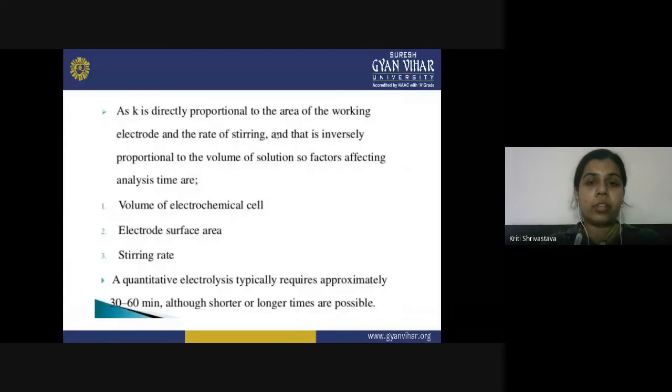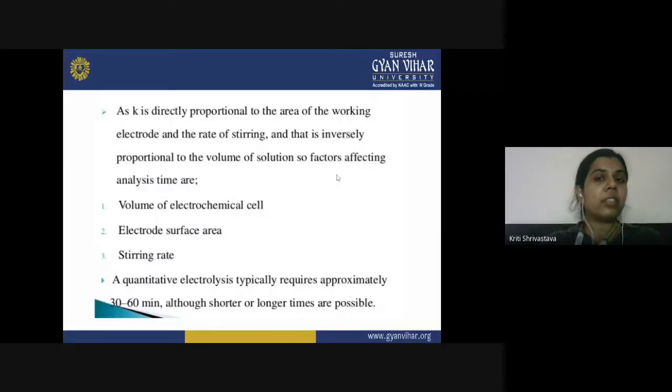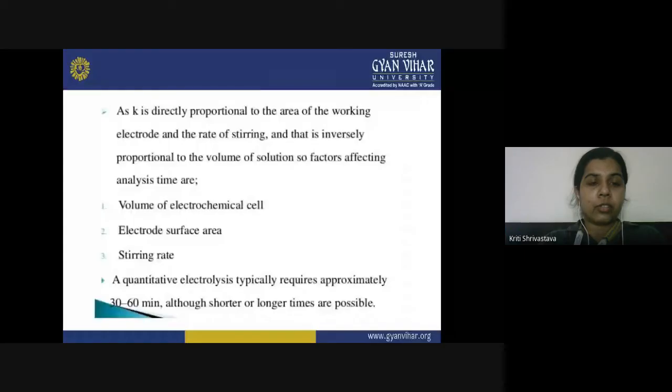But this rate constant is directly proportional to the area of the working electrode and the rate of stirring, and inversely proportional to the volume of the solution. So what are the factors affecting the analysis time? We have three factors: the volume of the electrochemical cell, the electrode surface area, and the stirring rate.